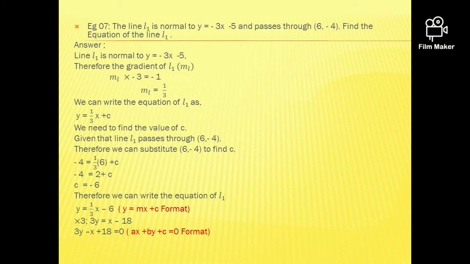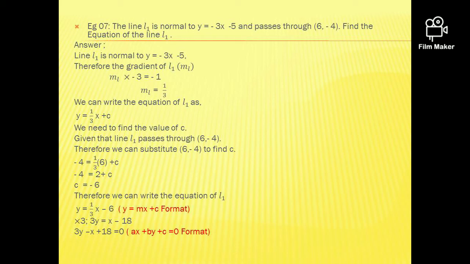Therefore, I can replace x with 6 and y with minus 4 in the equation y equals 1 over 3x plus c. When we replace these figures, you will obtain minus 4 equals 1 over 3 times 6 plus c. With that you will obtain c equals minus 6. Therefore, we can write the equation of the straight line as y equals 1 over 3x minus 6.